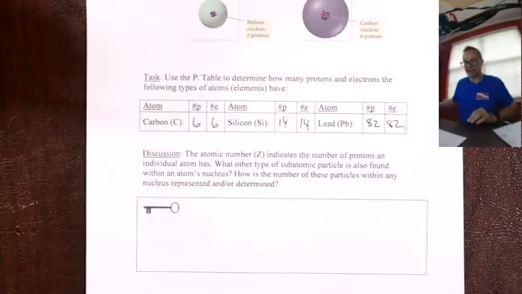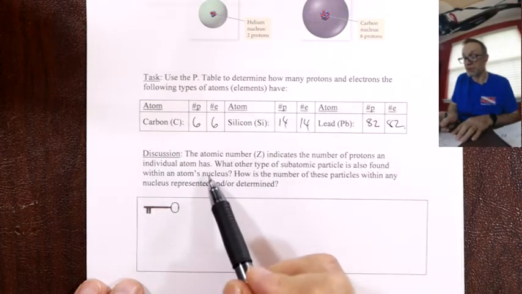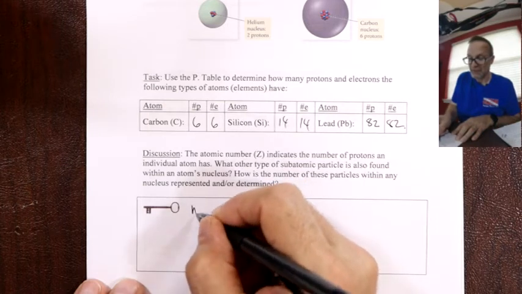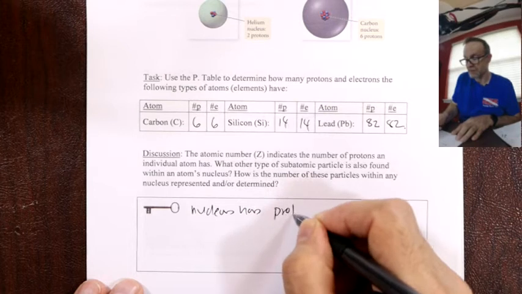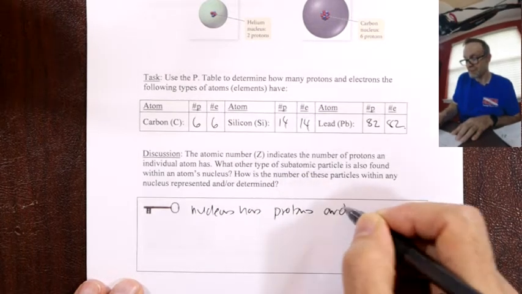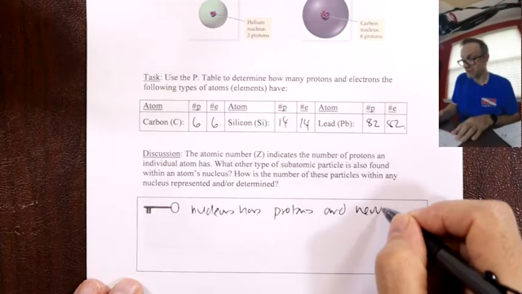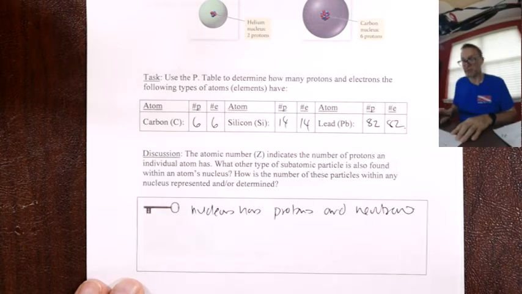So let's write this down. Discussion: the atomic number Z indicates the number of protons. What other type of subatomic particles are in the nucleus? So the nucleus, let's just write this, has protons, and for everything that's not hydrogen, neutrons. Protons are plus, neutrons are of course no charge.